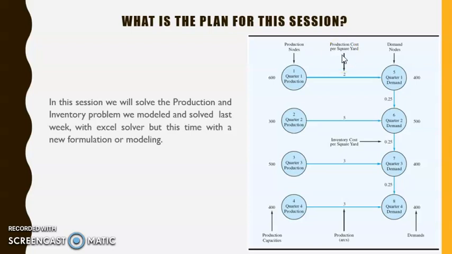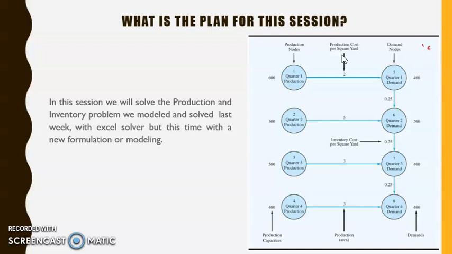strategy that we have, we assume that the things coming from quarter one after production can go anywhere in the coming quarters. For example, when X15 is manufactured, some of it is used in the first quarter to satisfy the demand of 400, but the rest goes to the next quarter.